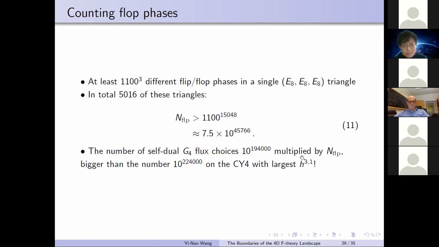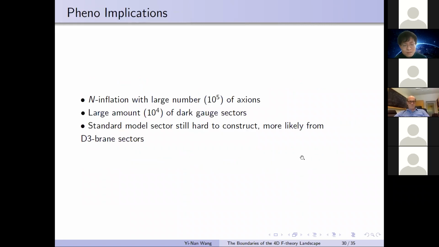Okay. So now, besides the geometry, I'm going to also briefly comment on the phenomenological implications of this model. Well, the first one is pretty obvious. Because the total number of axions is pretty huge, it's on the order of 10 to the 5, it's very natural to consider the N-flation scenario on this particular model.